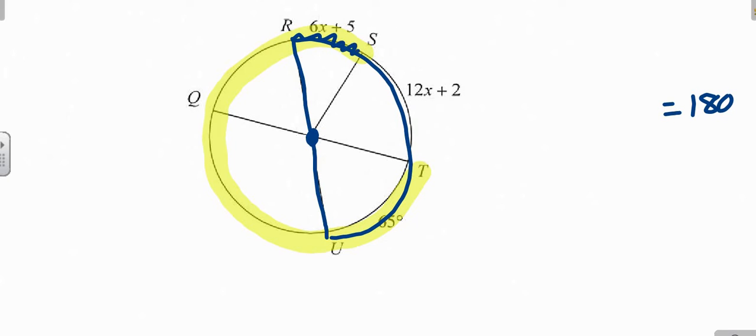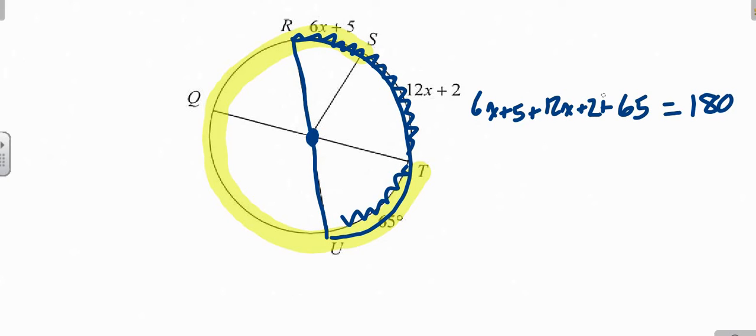So I can do 6x plus 5 plus 12x plus 2 plus 65 equals 180.